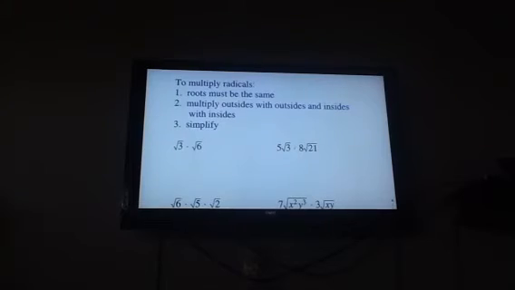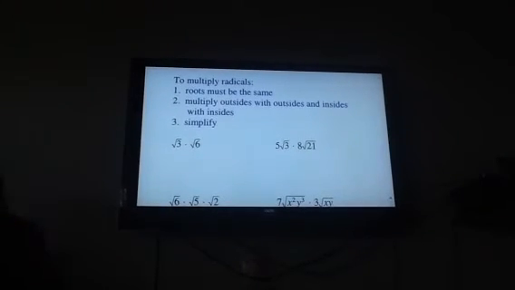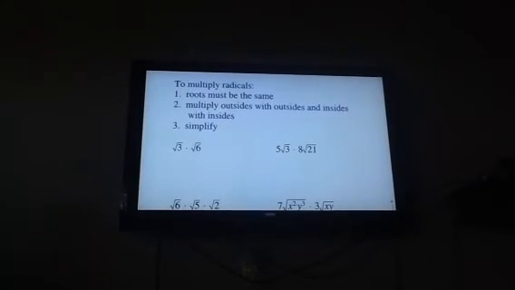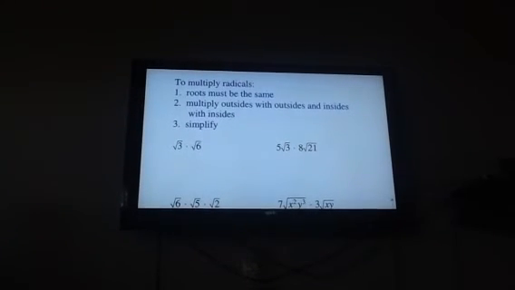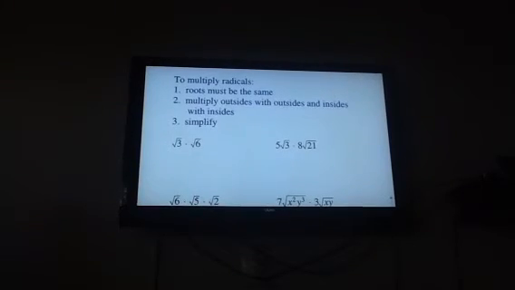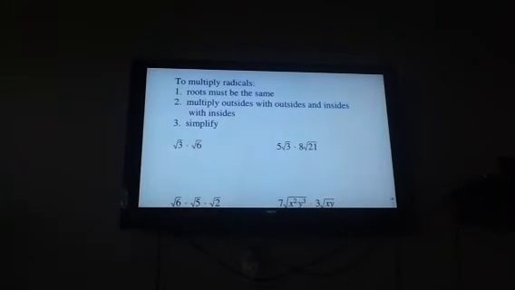You could simplify first on some questions, but then you might have to simplify, multiply, and then simplify again, whereas if you multiply first, you only have to simplify one time. So I'm going to suggest that you do the multiplication first.